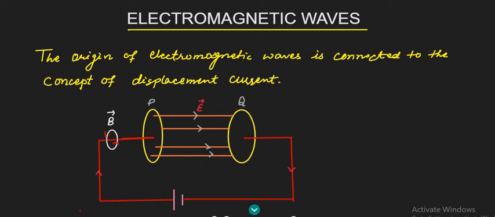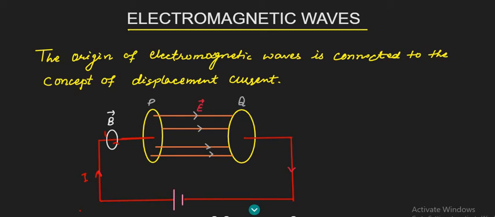The conducting current, which flows through the connecting wires of this circuit, cannot pass across the gap between the two plates of the capacitor.